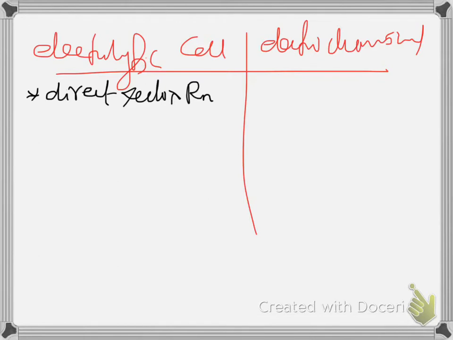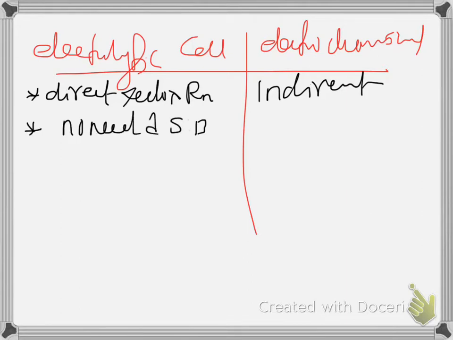But in the electrochemical cell, indirect redox reaction. In the electrolytic cell, there is no need of a salt bridge, but here a salt bridge is essential.